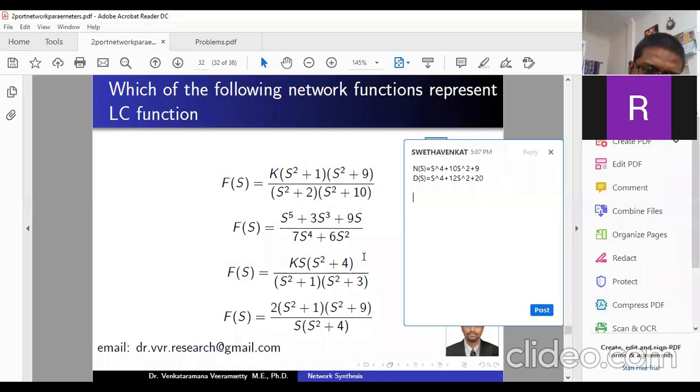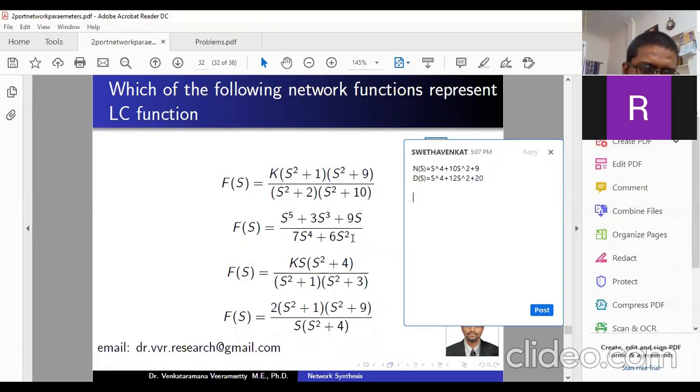So the second network function is s power 5 plus 3 into s cube plus 9s divided by 7 into s power 4 plus 6 into s square. Now tell me whether this will be an LC network function or not.